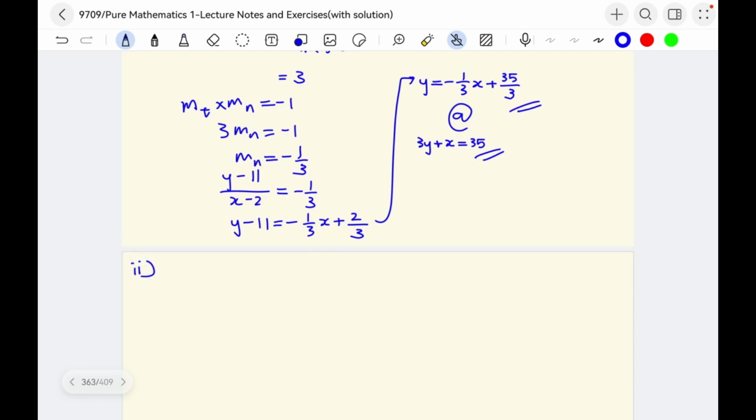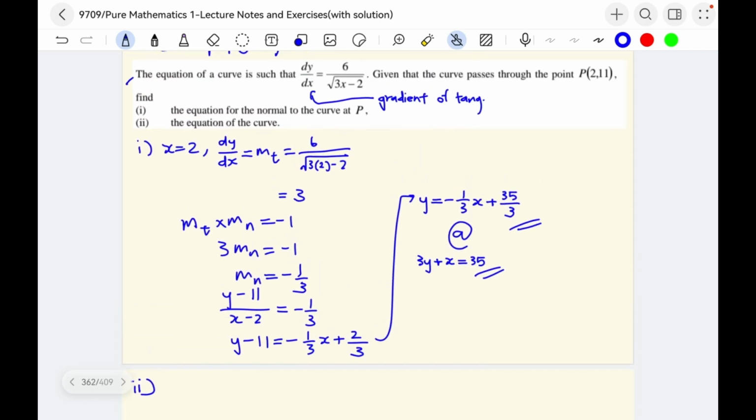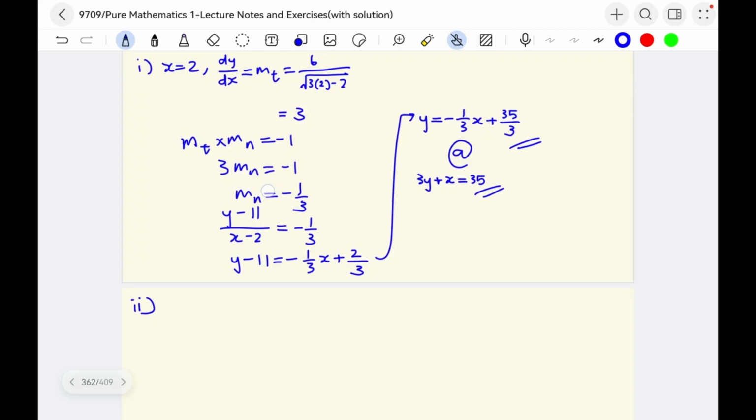So what you can see over here, this past year question aims for you to master the concepts of calculus, which is the basic differentiation and integration. Okay, second, find the equation of the curve. So how to get the original equation of the curve? What you can think is indefinite integral and plus c.